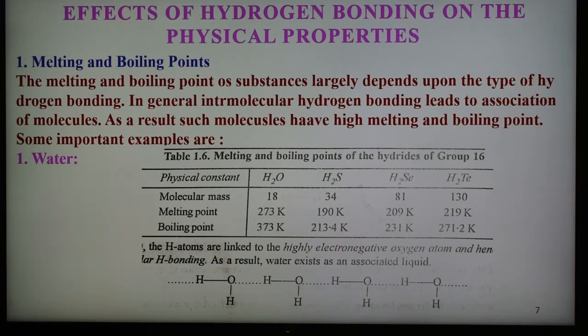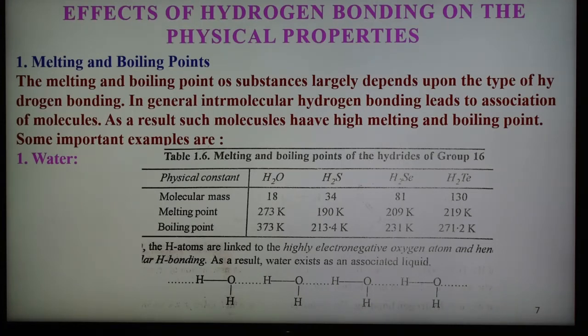So, important here, water is a liquid at room temperature, while other hydrides of this group, that is H2S and so on, are gases. We can explain this on the basis of hydrogen bonding, and so the question can be asked: water is a liquid and H2S is a gas, why? We can explain this here.